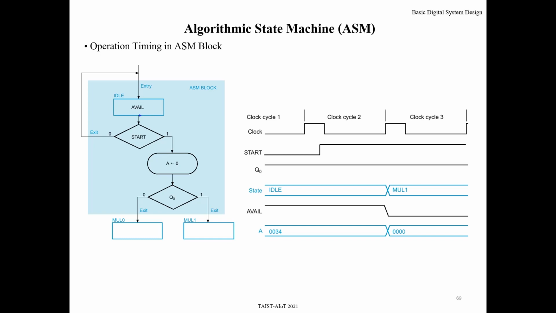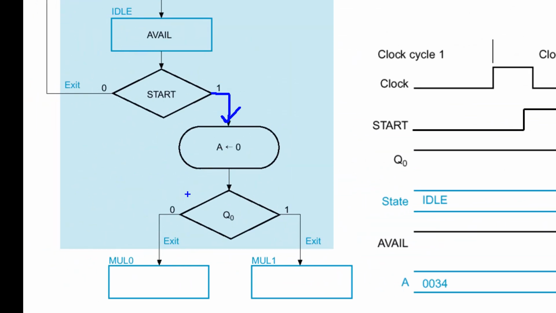Then we take the input start, which is 1 or 0. If start is 0, when the clock ticks, it will go back to the idle state again. But if start is 1, it prepares to clear register A.